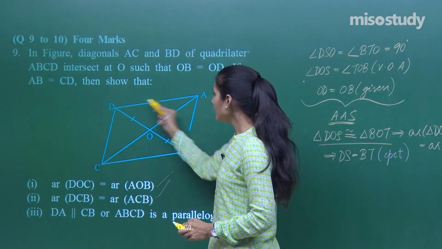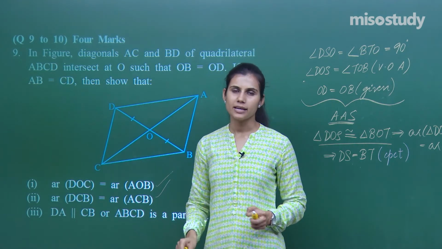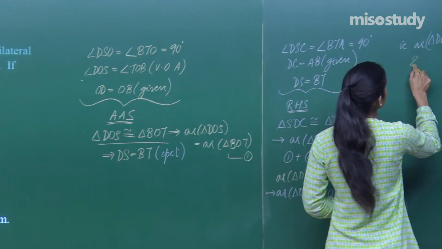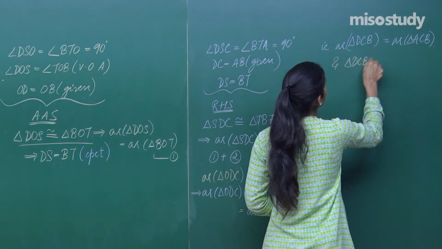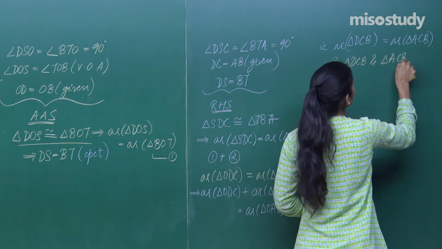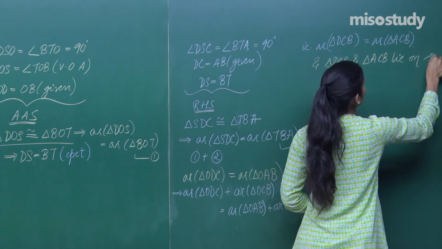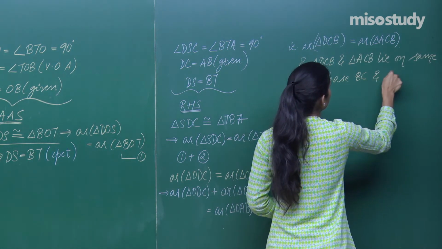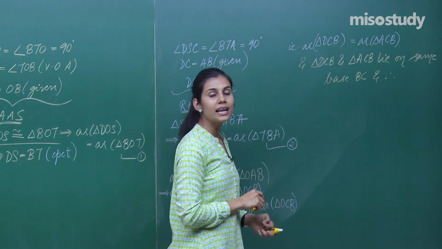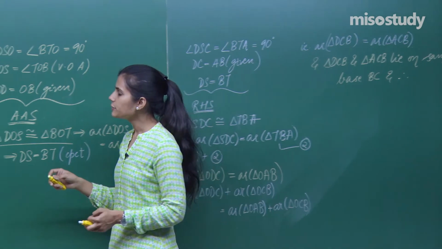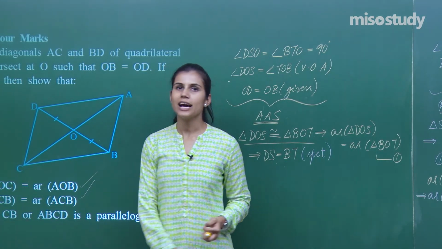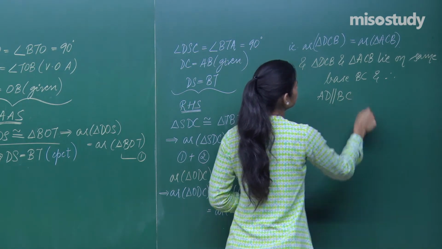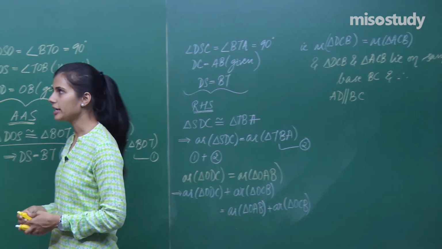So definitely the two lines between which they lie have to be parallel so that they can have the same heights. That means they are lying between the same parallels. The two lines between which they are lying are AD and BC, so AD will have to be parallel to BC. So many results used in one question, right?